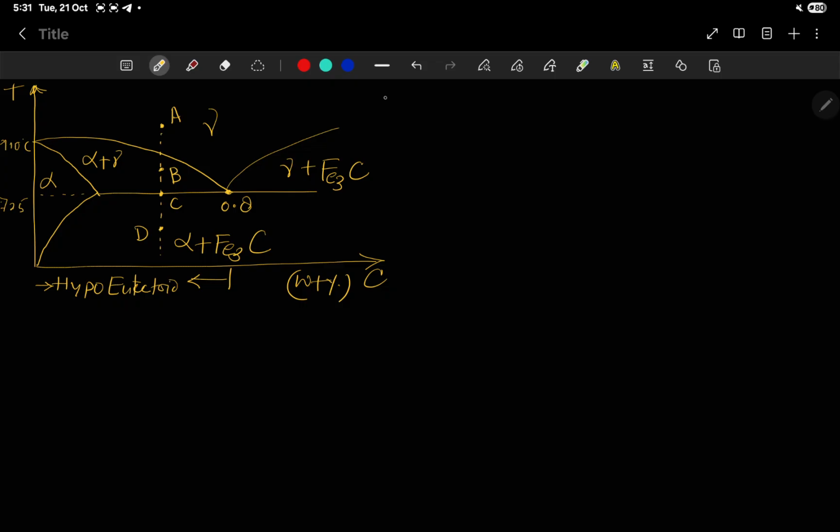Okay, so let's draw for point A how the microstructure looks. Point A is present in gamma, which is austenite. Here we will get a similar structure as we have obtained earlier.